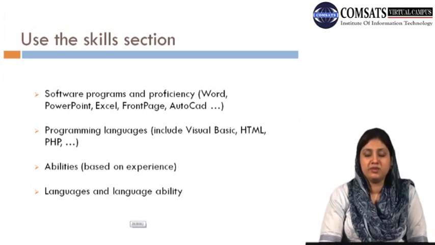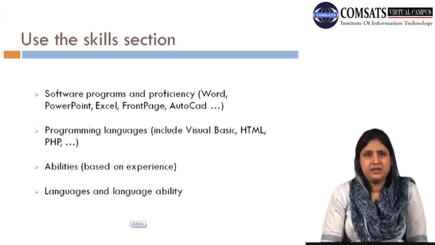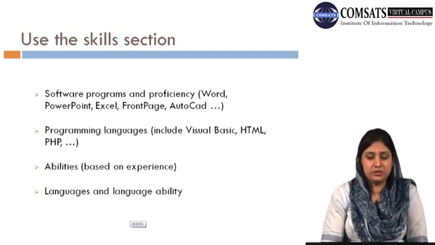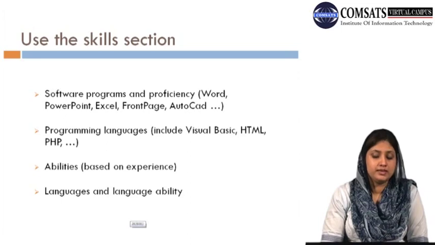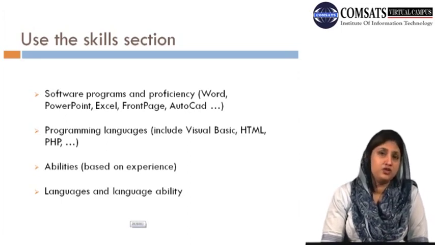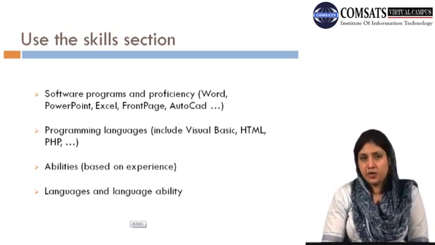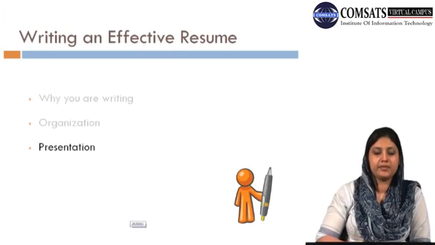Programming languages include Visual Basic, HTML, PHP, Java, C++, whatsoever it is. Mention abilities based on experience, and language ability. You mention how many languages you can speak and how efficient you are in each of them.